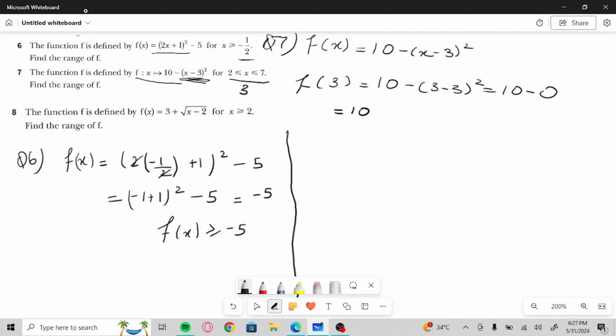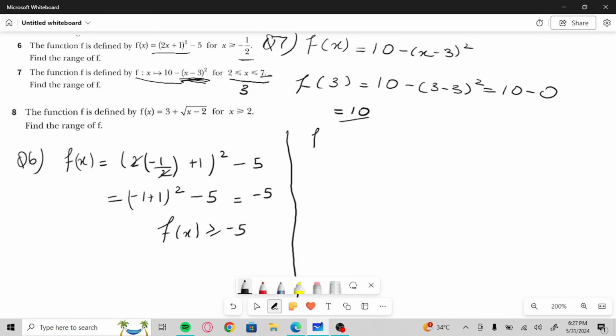So here we see that the maximum value we can get out of this function for the range of inputs we have is 10. Now, what may be the minimum value of this function? The minimum value will only come when this is the greatest, and that is obviously at the highest value, which is 7.